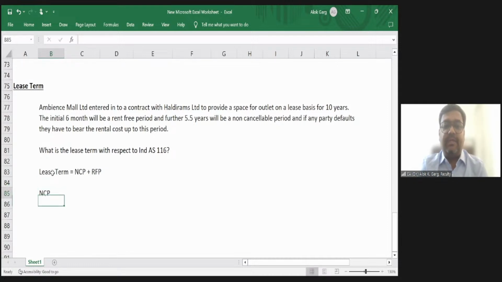It is 5.5 years. What is my rent-free period in this case? It is 0.5 years, meaning half a year. What is my total lease term? My total lease term is 6 years.